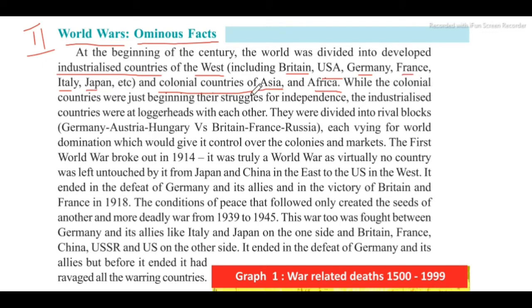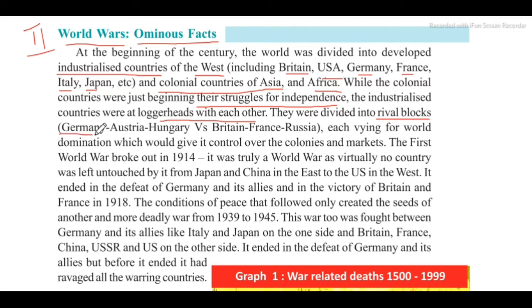While the colonial countries, especially the Asian and African countries, were beginning their struggle for independence, the industrialized countries, the above mentioned countries, just wanted to dominate the Asian and African countries to expand their colonies. So in this course, these Western countries formed rival blocs.